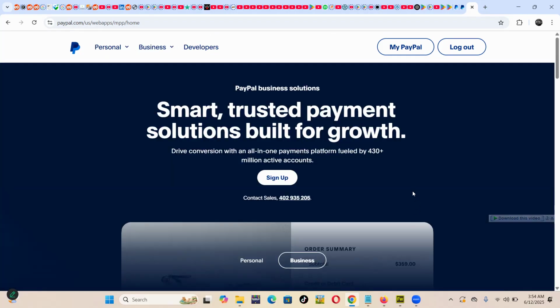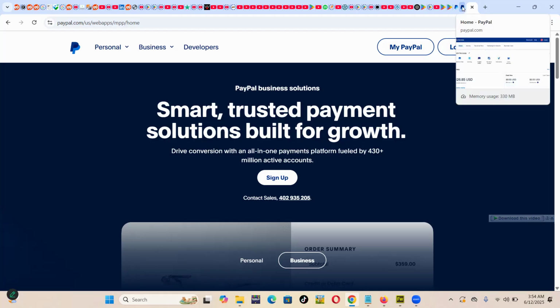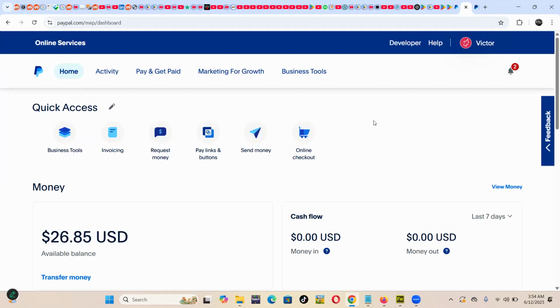Now, if you're going to change the country, you have to note that there are some countries which require more documentation than others. For example, if I'm based in Uganda and I want to create a PayPal that can receive, in Uganda we can receive, I may think of creating an account using US.